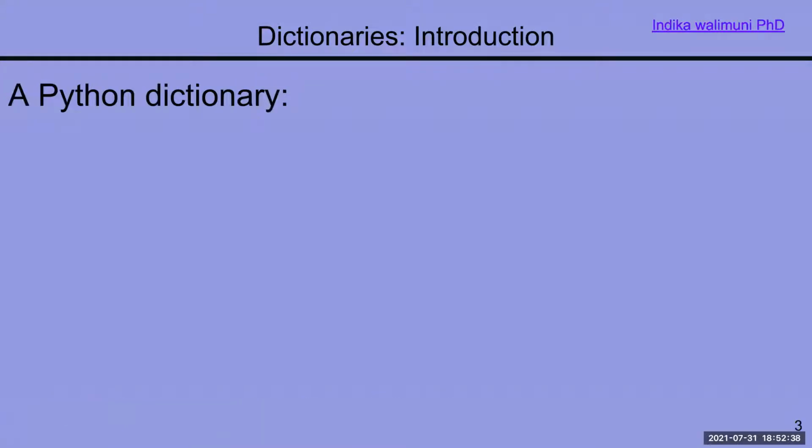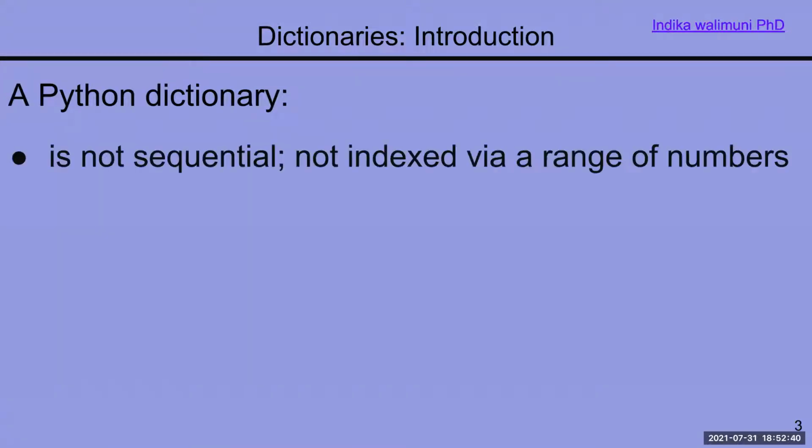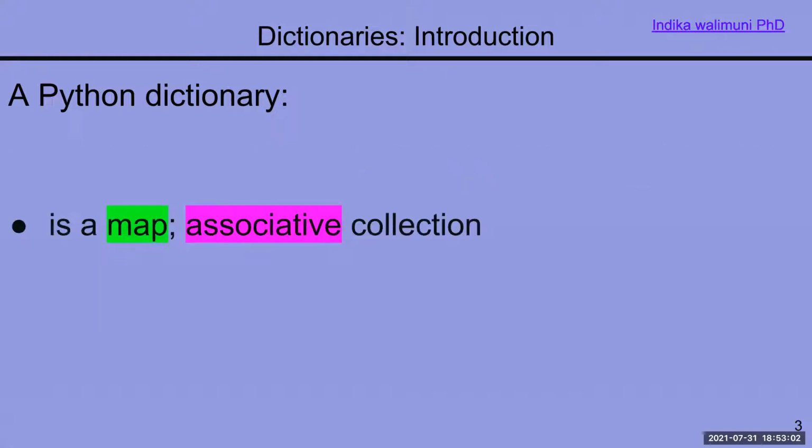A Python dictionary is not sequential. That means there are no indexed items via a range of numbers. It's really important to understand that it's not indexed, so it's not sequential. That's why we didn't call it a sequence when we talked about sequences.